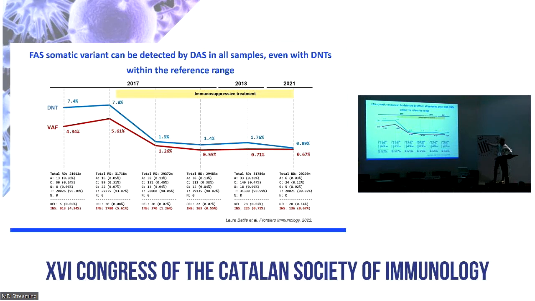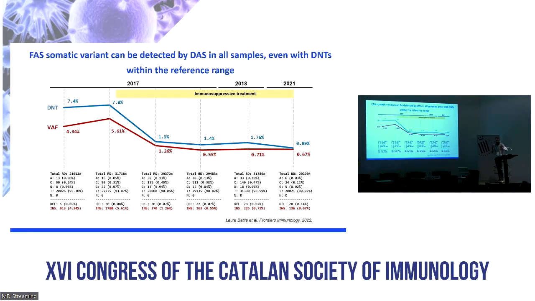In blue, you see the percentage of double negative T cells, elevated before the treatment and normalized after the treatment. And we were able to identify the somatic variant in all 6 samples. This is the VAF, which means variant allele frequency, so the frequency of the variant in each sample. And you see a nice correlation between the VAF and the double negative T cells.